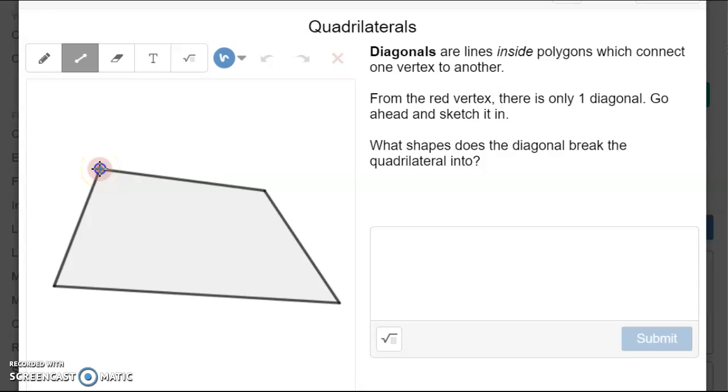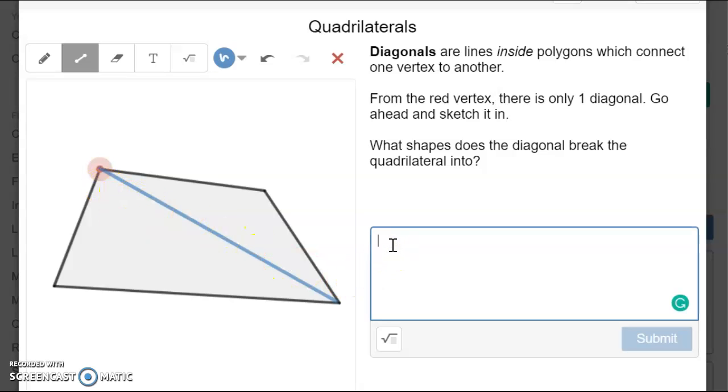I cannot go to this vertex because that's just a side, and I cannot go to this one either, so the only vertex I can go to is this one. That's my diagonal. What shape does the diagonal break the quadrilateral into? I have one triangle here and another triangle here, so I have actually formed two triangles.